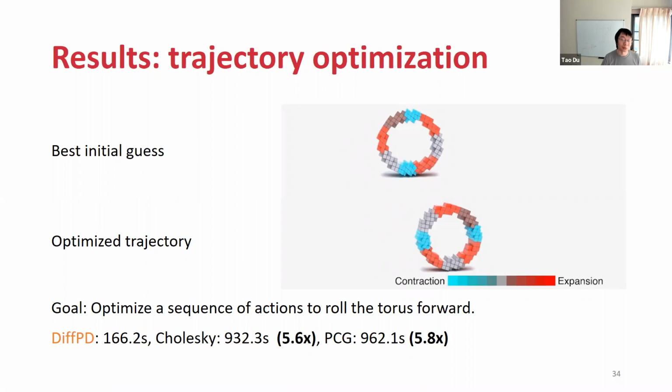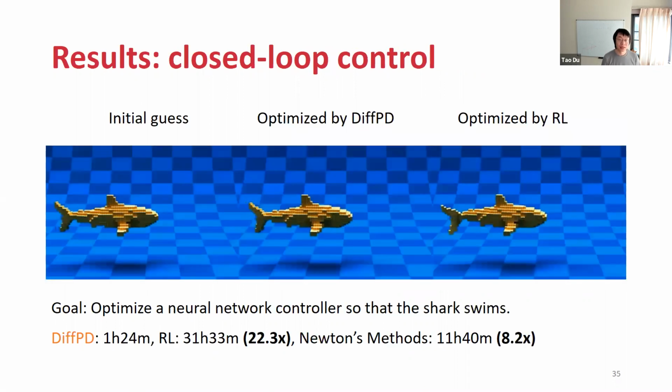And here we reported the time cost of solving this problem with our Diff.Pd tool and with 2 very standard Newton's method solvers. And we can observe there's a substantial speed up that we gain from this new tool.